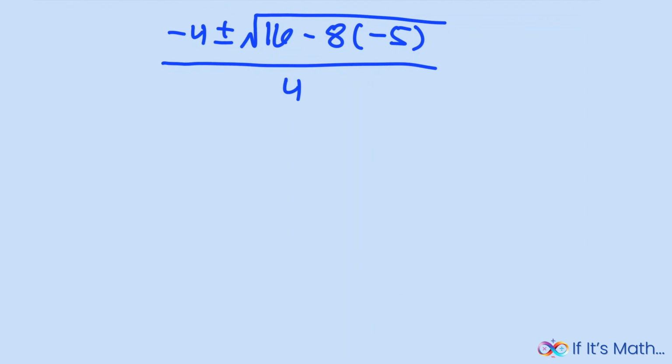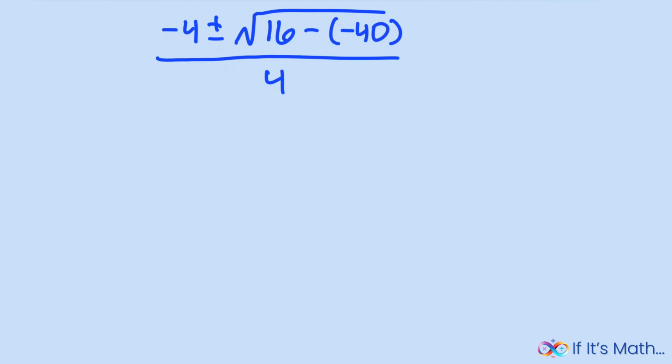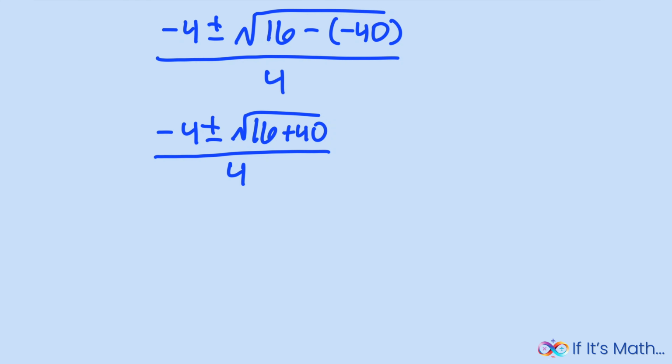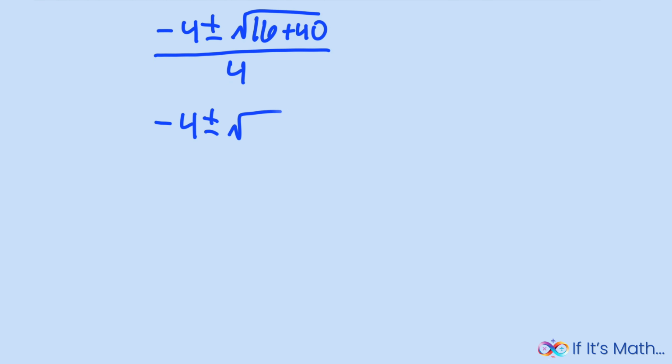That gives us 16 minus a negative 40, so the double negative turns into a positive: 16 plus 40, all over 4. Then our next step is negative 4 plus and minus the square root of 56, all over 4 again.